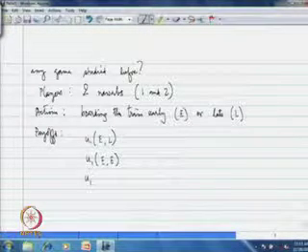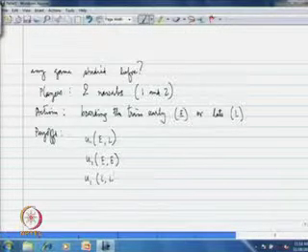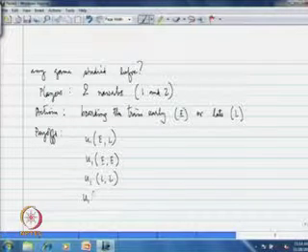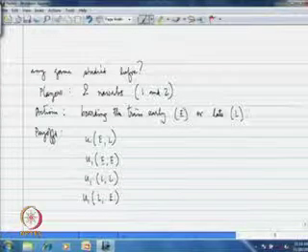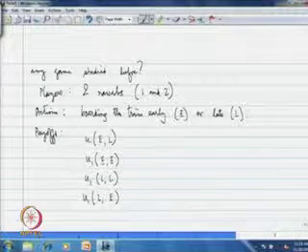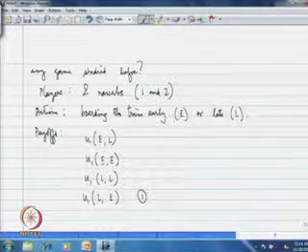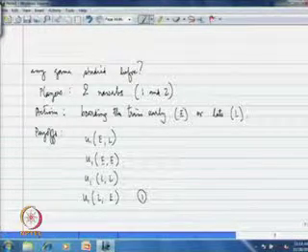Another is both of them choosing late, and another is the first one choosing late and the second one choosing early. Now, for player 1, what is best is this one, rank 1, because he is choosing late and the other is choosing early.